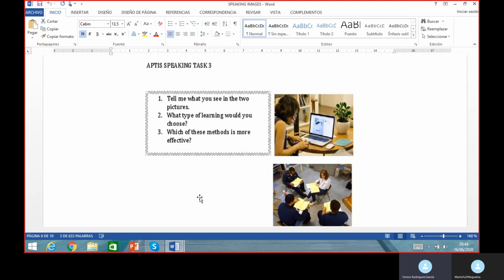On the other hand, study with a computer is better if you are working, for example, because you can study when you can.